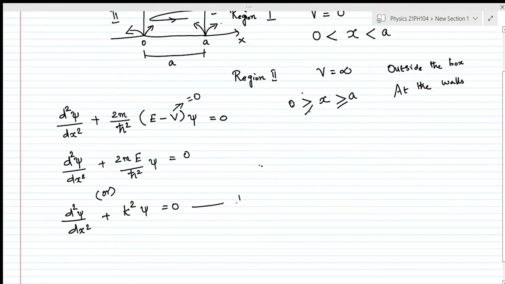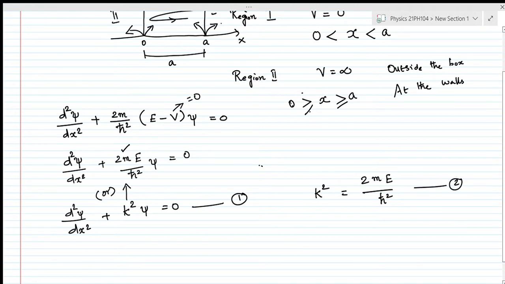I am going to take this as equation 1, and k square is 2mE by h cross square. Let this be equation number 2.